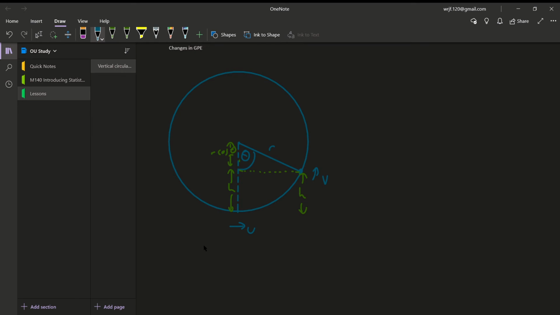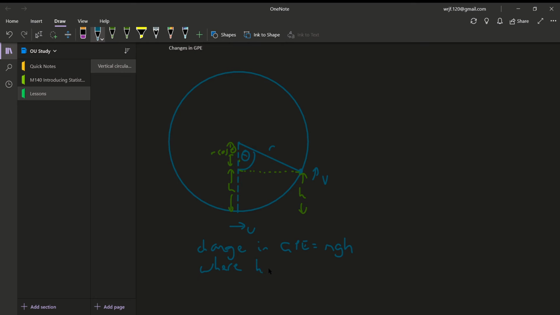This is likely to come up if we're wanting to calculate the change in gravitational potential energy. So if I was calculating the change in GPE here, obviously that's just going to be mgh, and I need some way of finding out what h is, and we can do that now from our diagram.